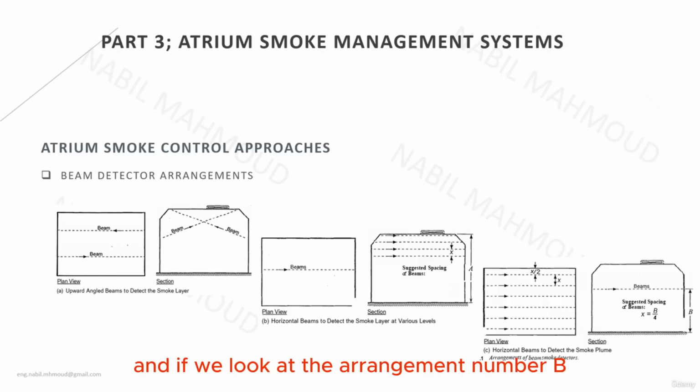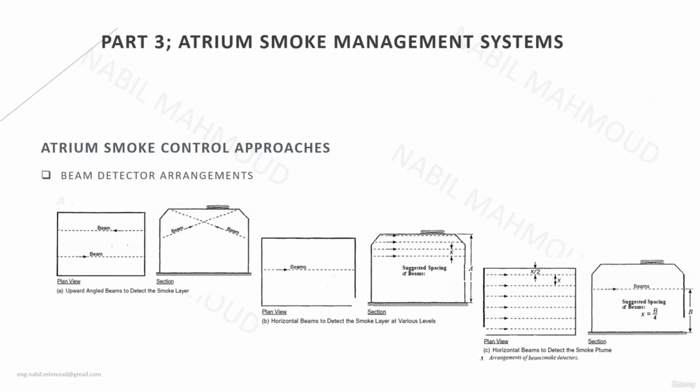In arrangement B, the second arrangement, which is the horizontal beams to detect the smoke layer at various levels, the beams are arranged under each other, but there is a spacing between these beams, so they are arranged at a variety of levels.